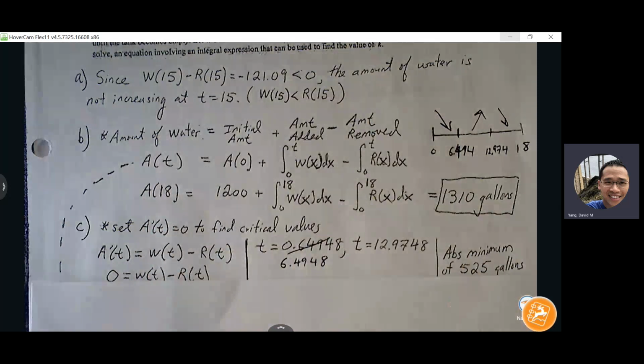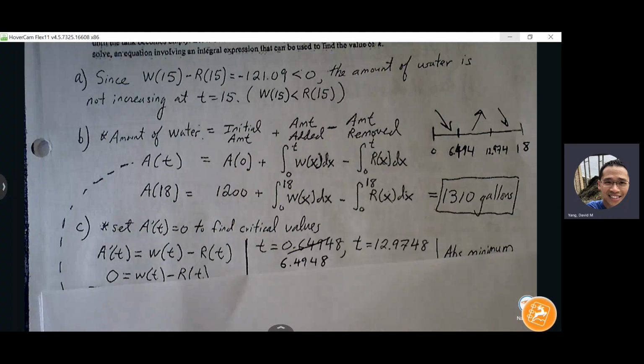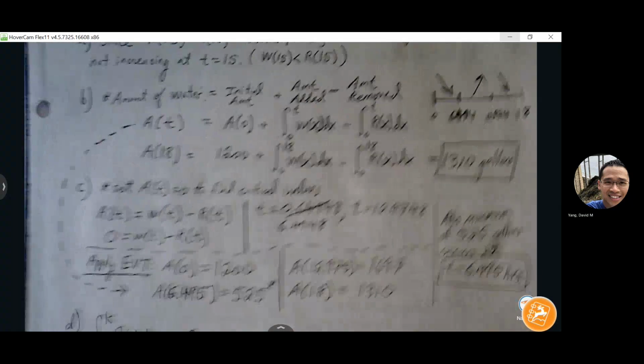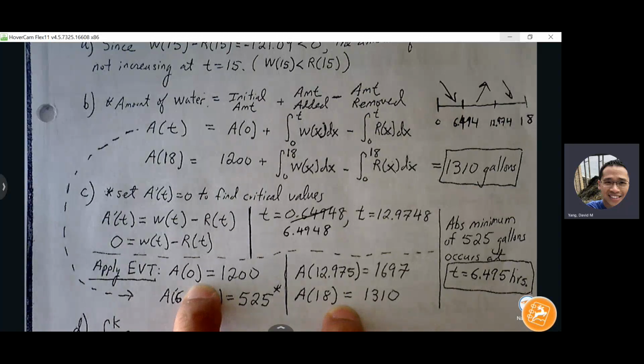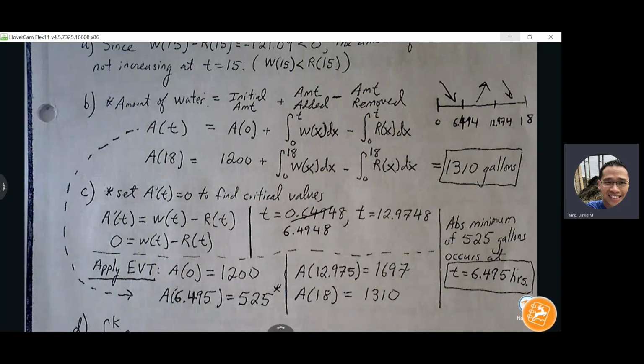I did that because I treated the problem as if I was going to find both absolute max and absolute min. The nice thing is we already have A of 0 and A of 18, because A of 0 was given to us and A of 18 we found from part B. So I can just test 6.4948 in for the t's of my W of x and R of x integral, combine that together, and I'll get 525.